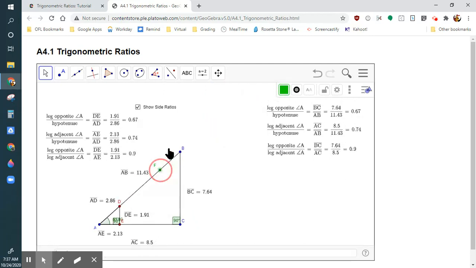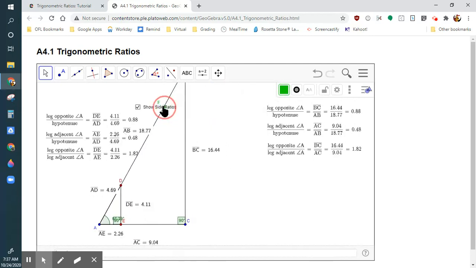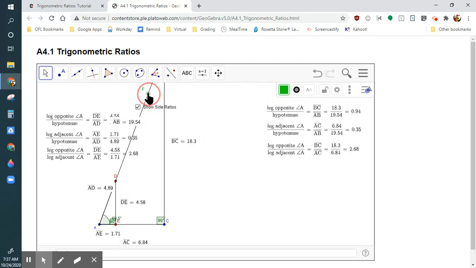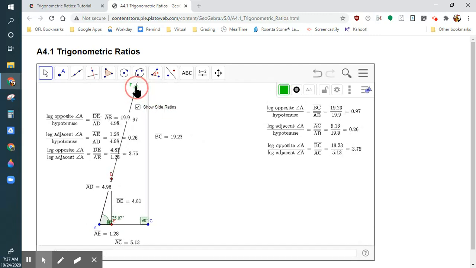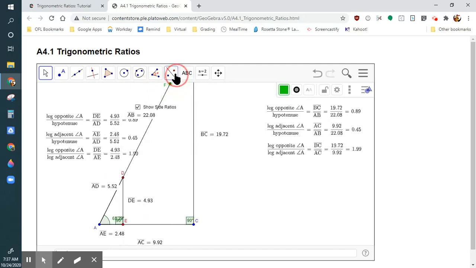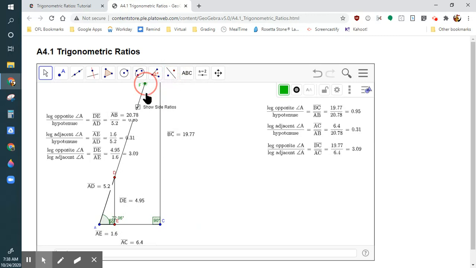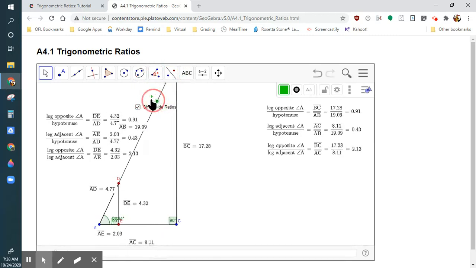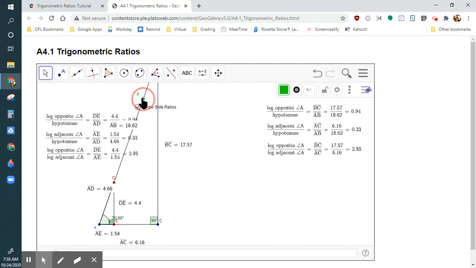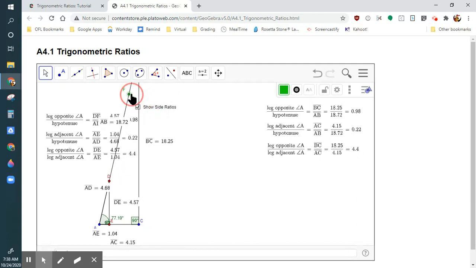Let me make this smaller. 75. I think that's as close to 75 as I'm going to get. I probably should have zoomed out for this. I will in a second.